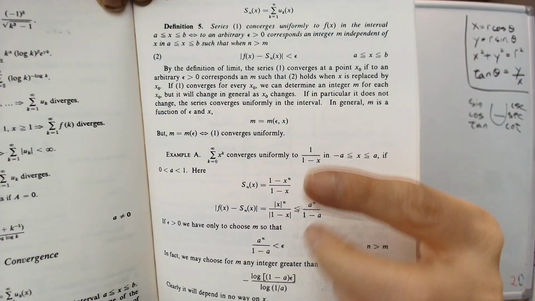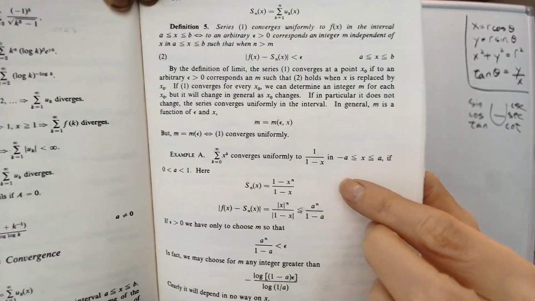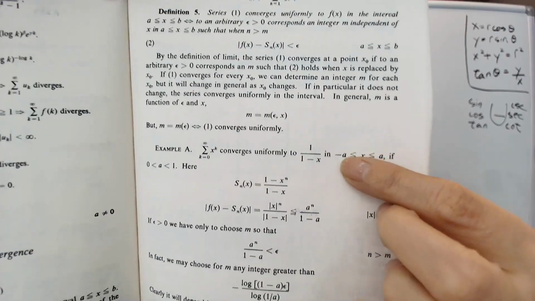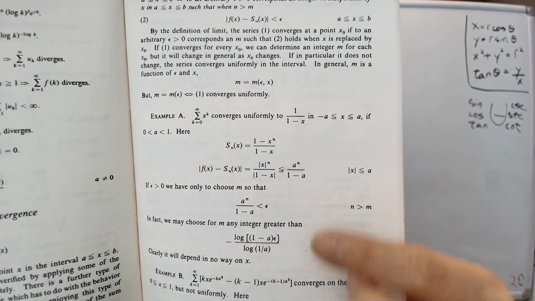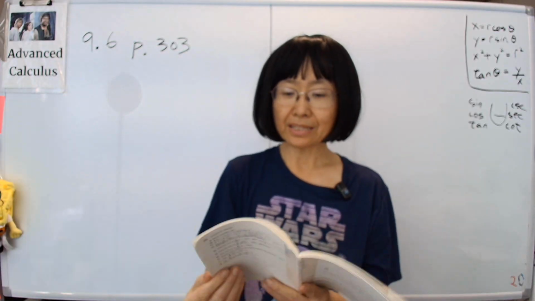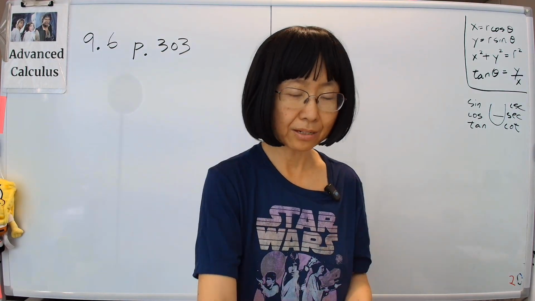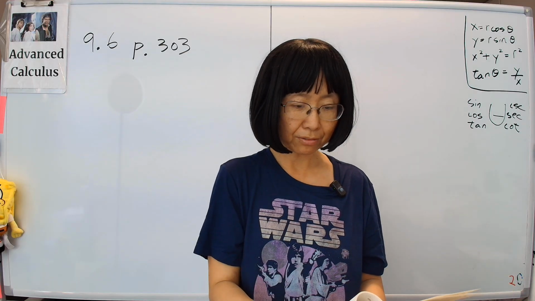Then this sum will converge, with each x less than 1, so it converges uniformly to this thing, as we have seen in a proof previously. That is example 1.